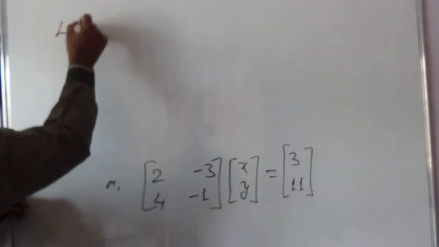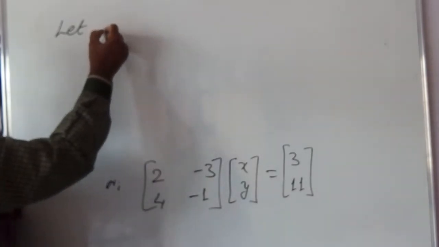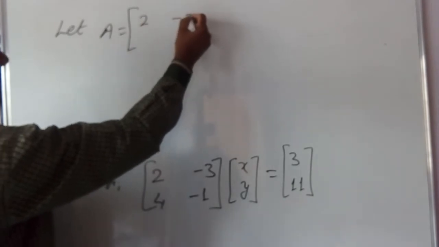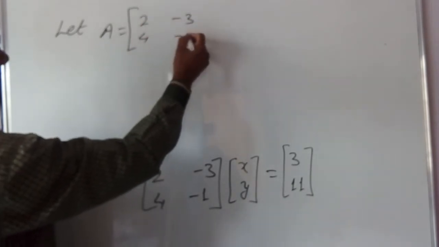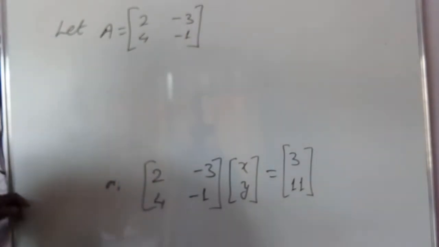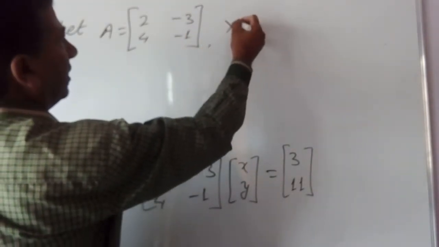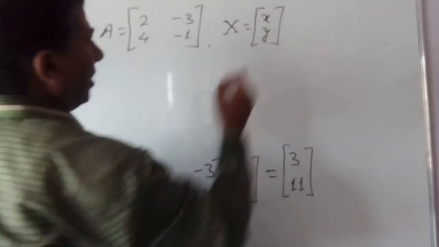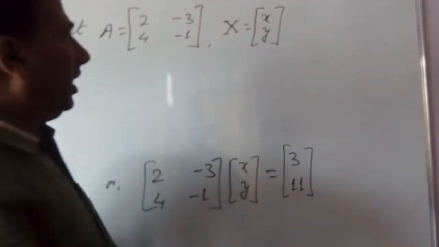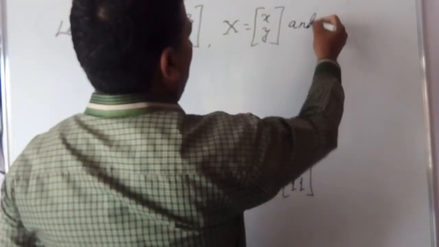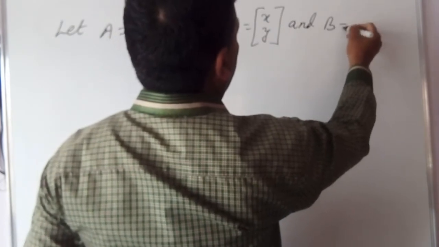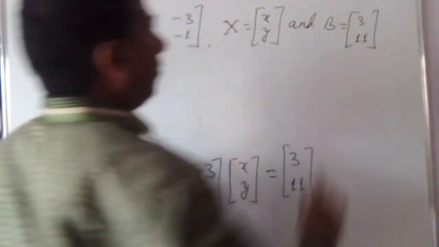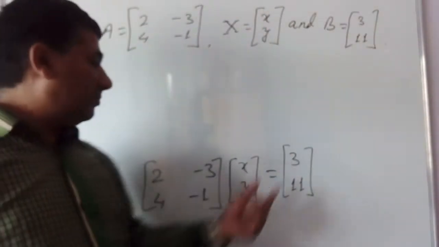Let A equal 2 minus 3, 4 minus 1, this matrix, and X equal x y, and B equal 3 11.